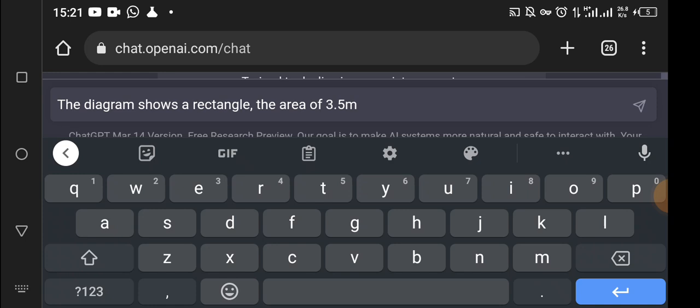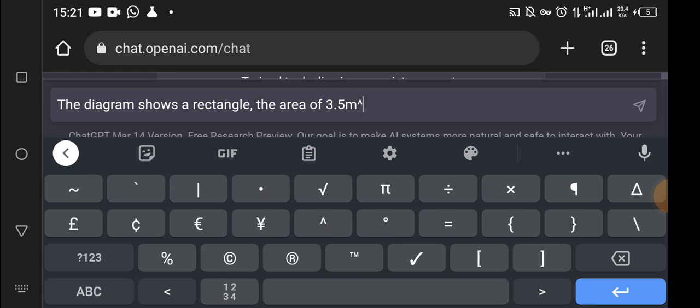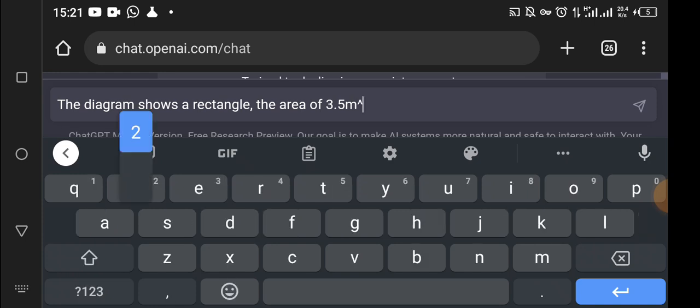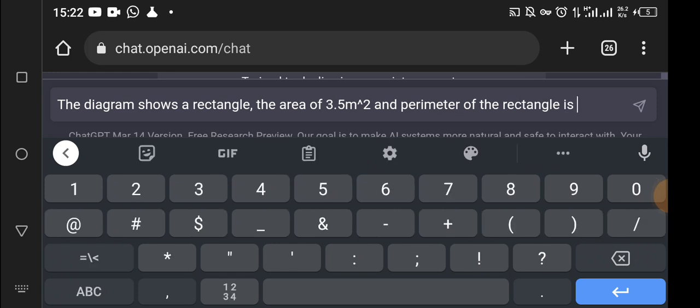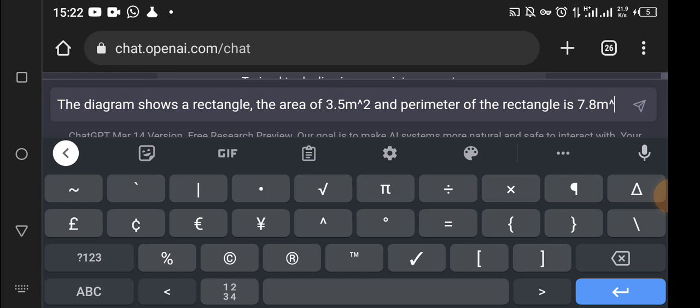So I'm going to use this one as the power 2, just like this, and the perimeter of the rectangle is 7.8 square meters.